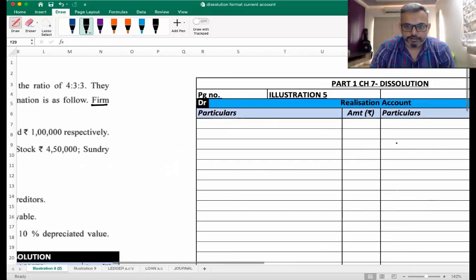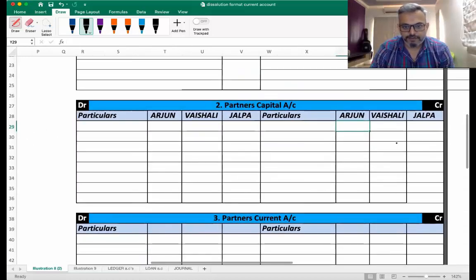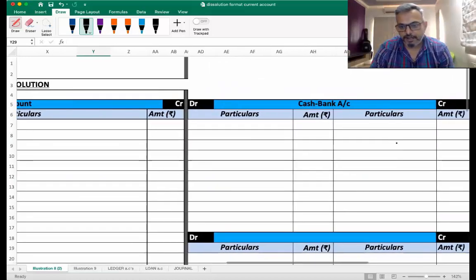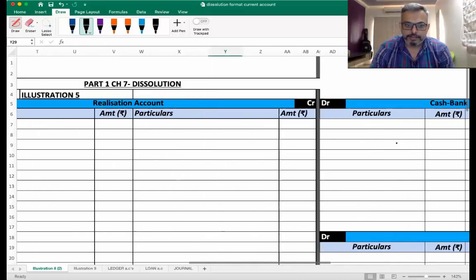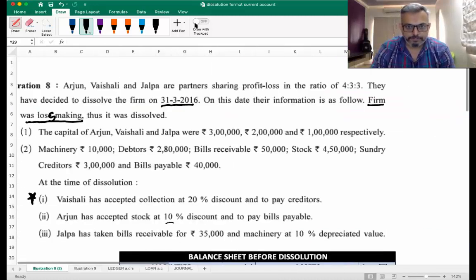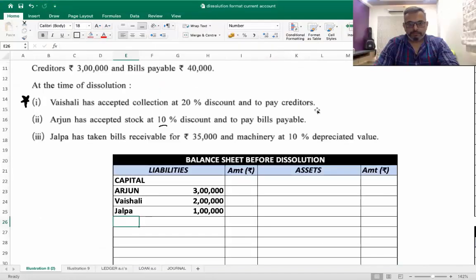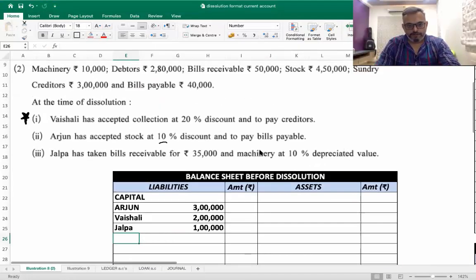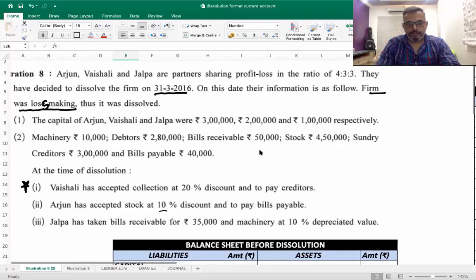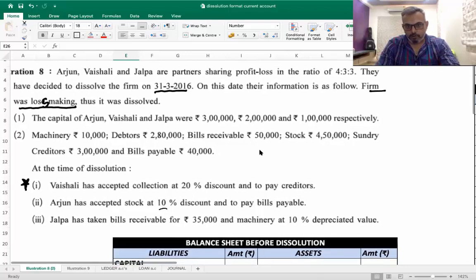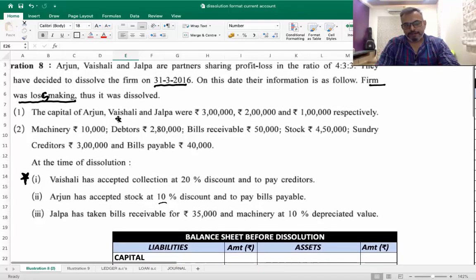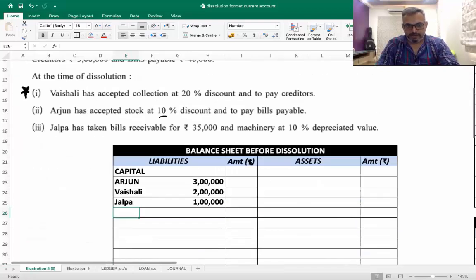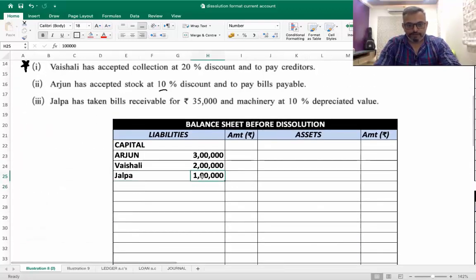Also prepare realization account, partners capital account and cash and bank account. First we start writing the balances that we know. We have the balances of capital, that is Arjun, Vaishali, Jalpa. So we write this, underline, do the total, 6 lakh.